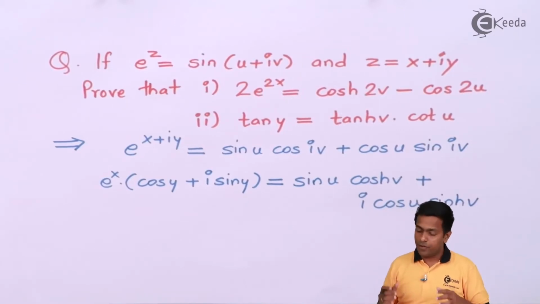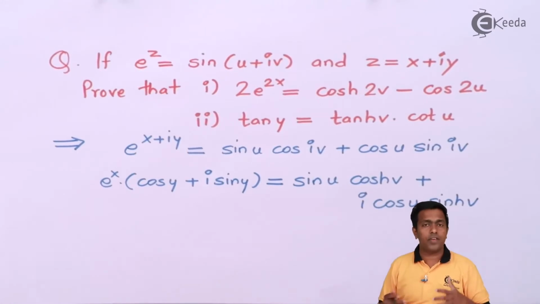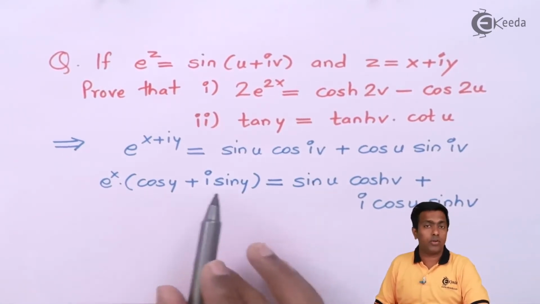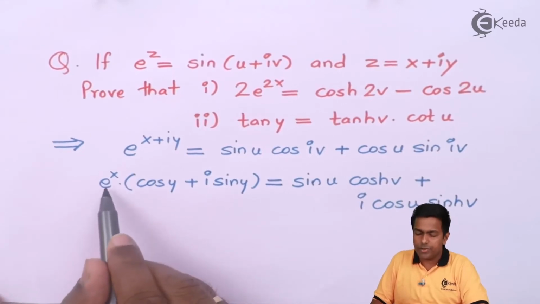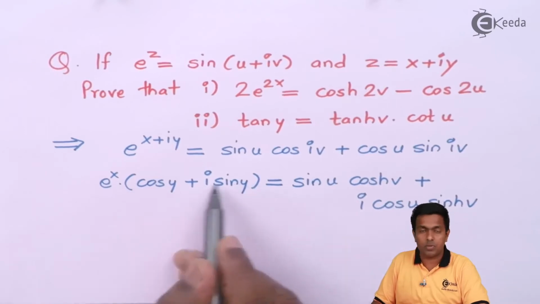Now guys, if you observe, on the left hand side we got a complex number, and similarly we got a complex number on the RHS. Now we'll compare the real part and the imaginary part, because we have an equal sign in between. If you check the real part on the left hand side, it is e to the power x into cos y, because this e to the power x is going to multiply this bracket.